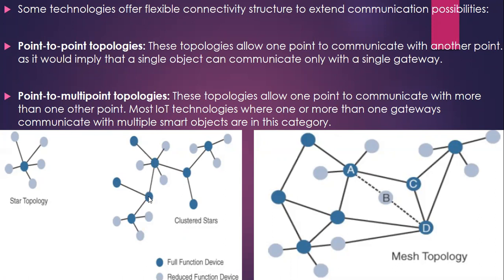But when it comes to the sensors, we have point to point, but point to multi-point topology is also possible. Most of the technologies are using this. You can observe the mesh topology. So these are the two concepts we need to address when we are trying to connect our sensor to a gateway.